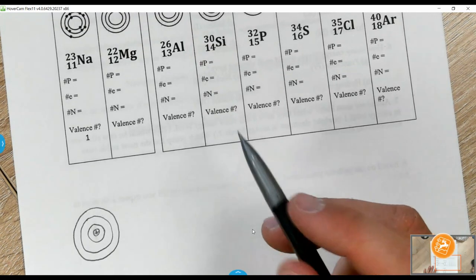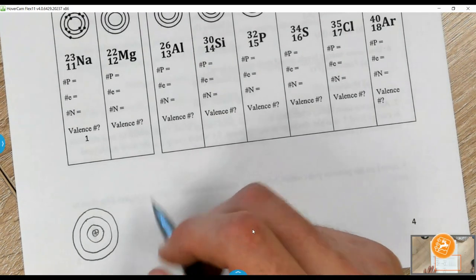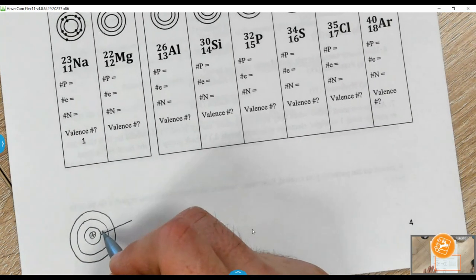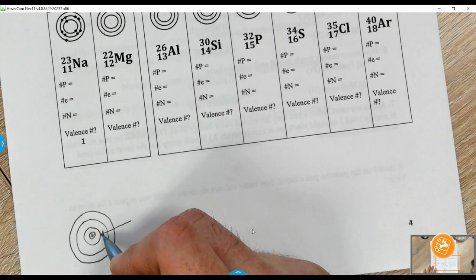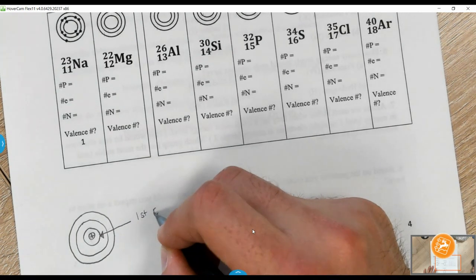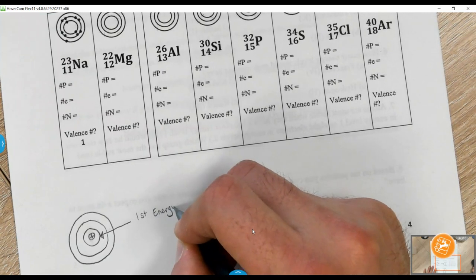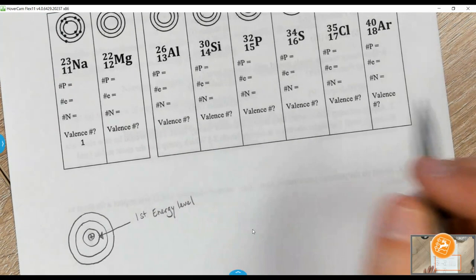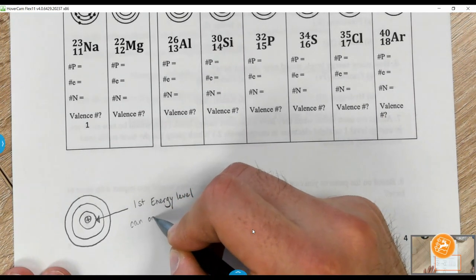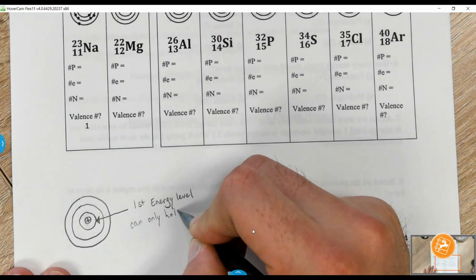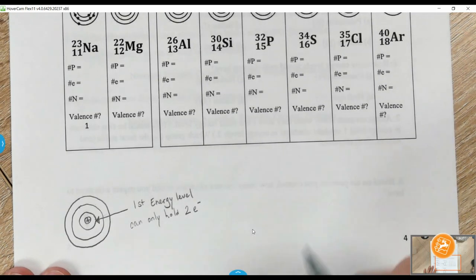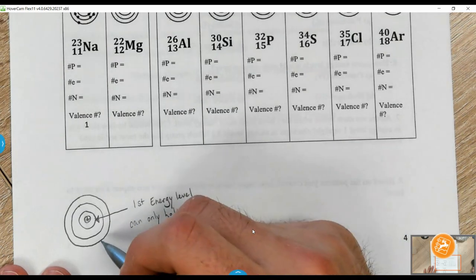All right, so there's a rule in this. The very first ring, the very first energy level, can only hold two electrons.